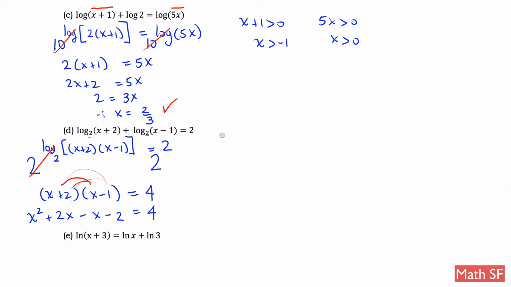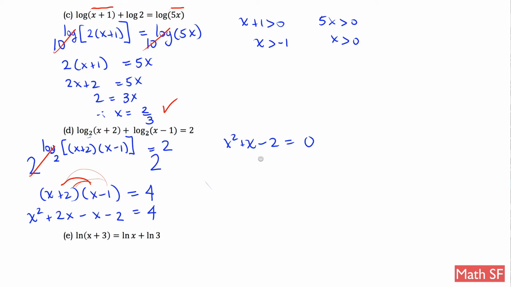Then I'm going to have x squared plus 2x minus x, minus 2. Let me fix this part: combining like terms, I should just have plus x, and then minus 2.